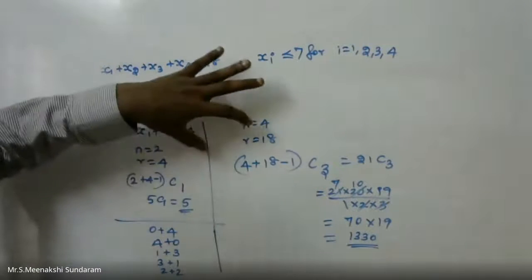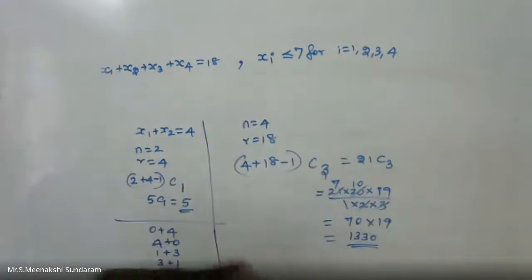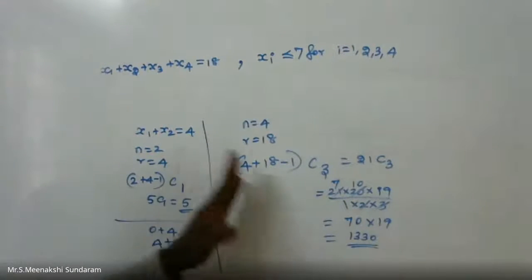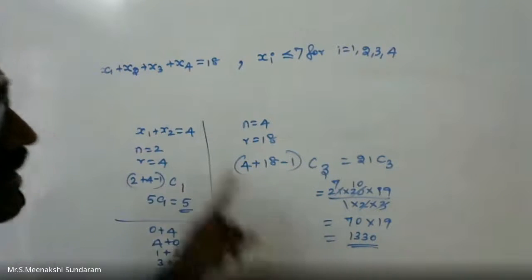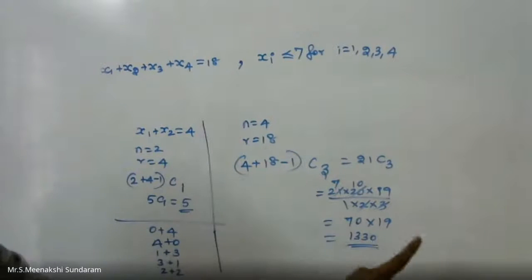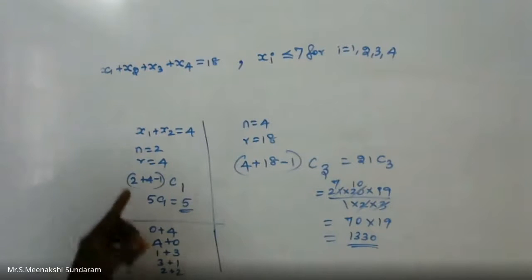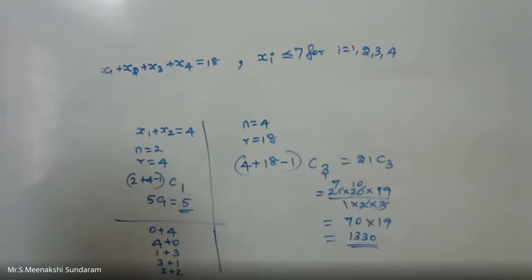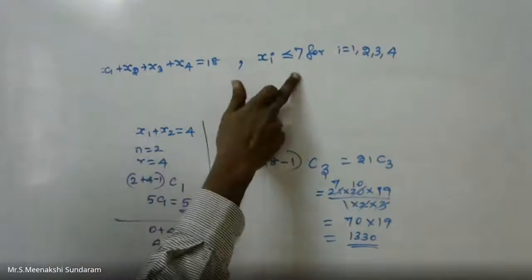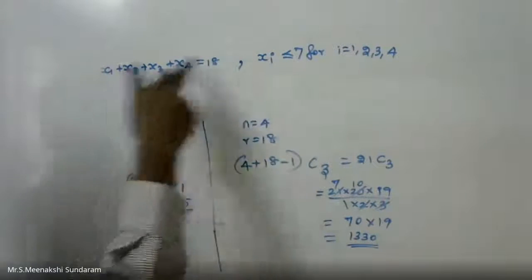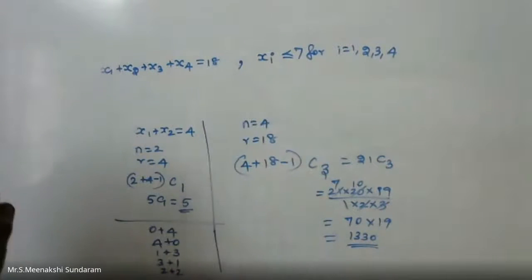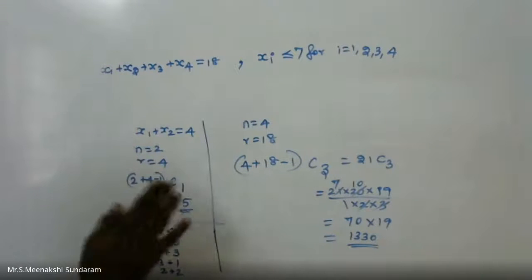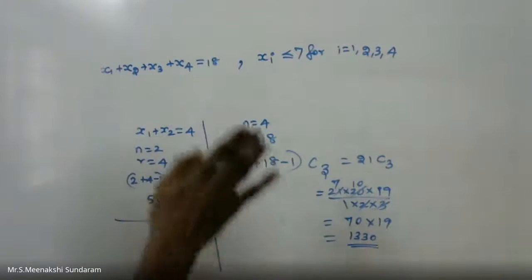If they ask in 2 marks, identify n and r, and write how many possible ways of solutions there are. This is applicable for non-negative integer solutions only, starting from 0, and you can give any value, totally 18. When the condition comes, we will go for the inclusion exclusion principle, because x1 less than 7, x2 less than 7, x3 less than 7 can all be possible. So I can go for the inclusion exclusion principle.